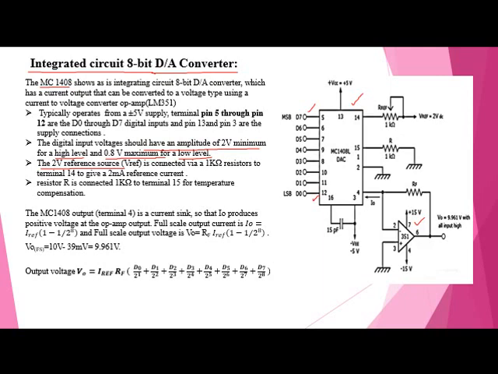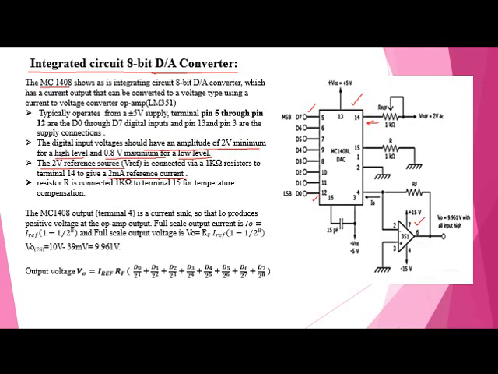The maximum reference current is 2 milliamps, and resistor R of 1K is connected to terminal pin number 15 for temperature compensation.